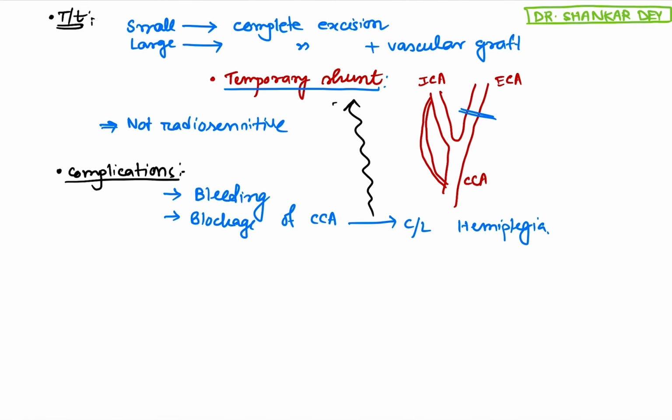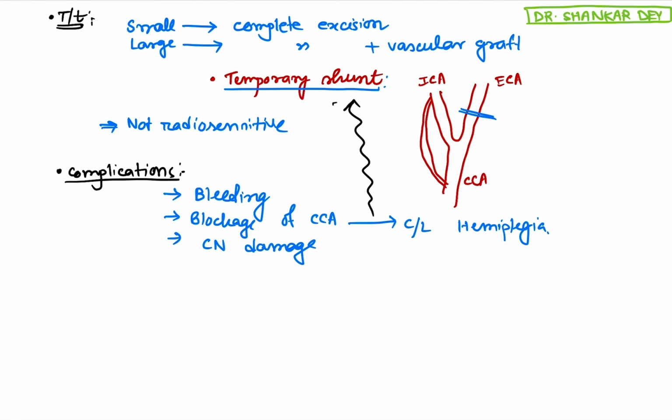And what are the other complications of surgery? There can be cranial nerve damage or injury, like injury to vagus nerve or injury to spinal accessory nerve. Injury to vagus nerve or recurrent laryngeal nerve can cause vocal cord palsy and hoarseness of voice.